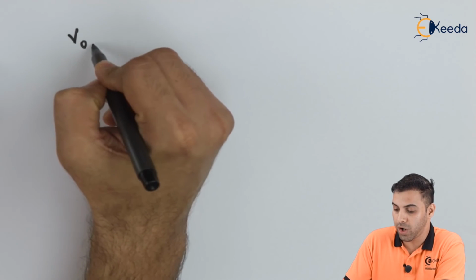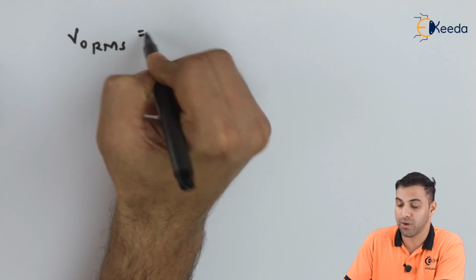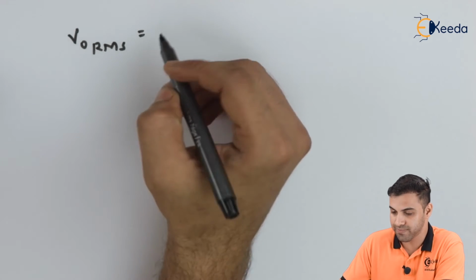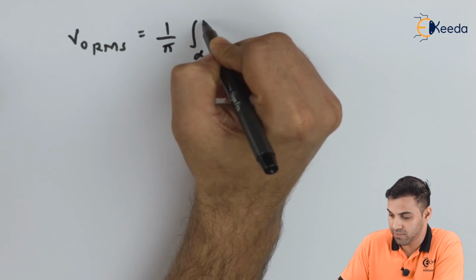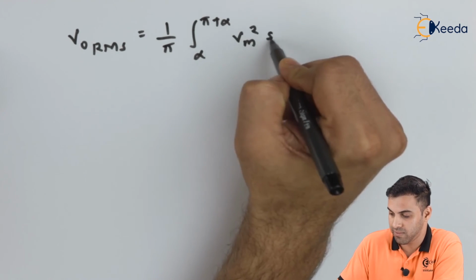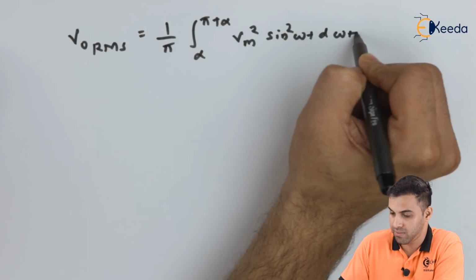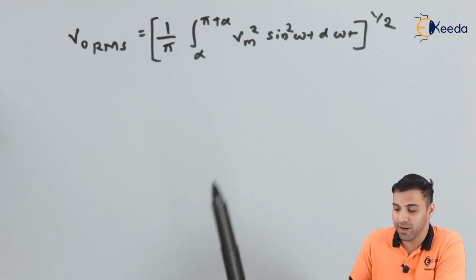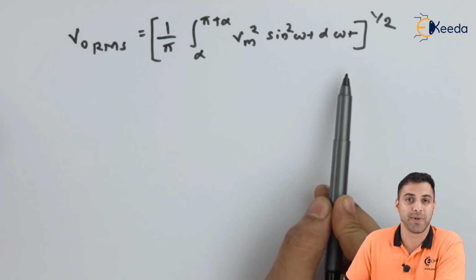Let V naught RMS be the root mean square output voltage, which will be expressed as this.